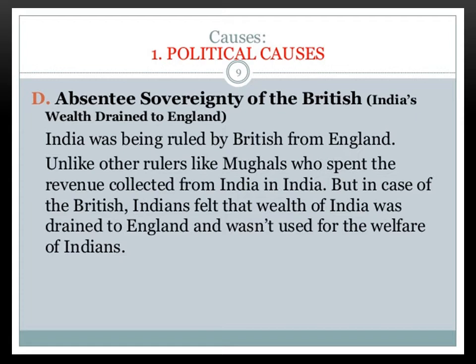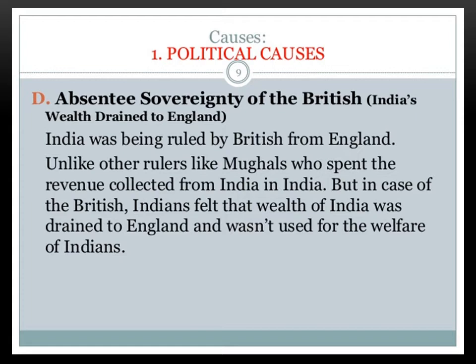And Indian wealth was drained to England. How embarrassing it was, that India was being ruled by the British from England. Unlike other rulers like the Mughals, who spent the revenue collected from India in India. Revenue is the annual or monthly profit that is collected from India, so it should be spent on India. Mughals were spending this on India, but the British government was governing India from England.